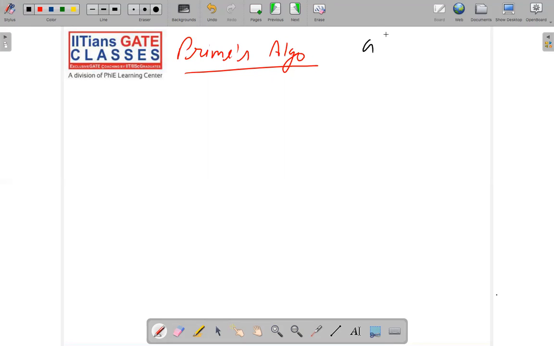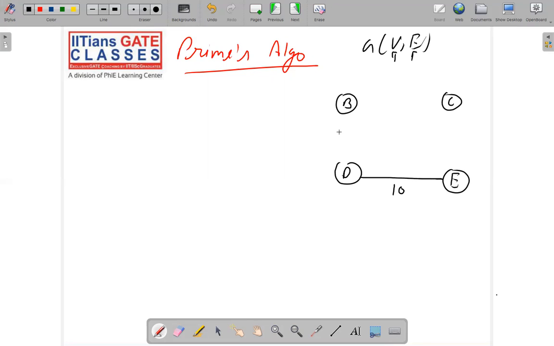So a given graph G(V, E), where V is the set of vertices and E is the set of edges. The graph is something like B, C, D. I think it's the previous graph only. Between D and E, we have an edge with weight 10.